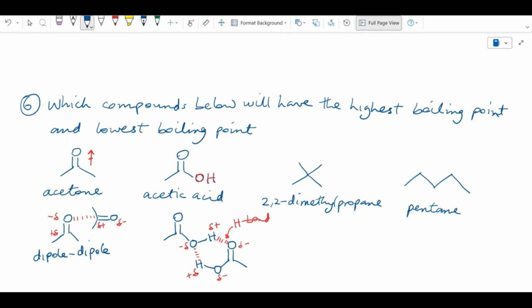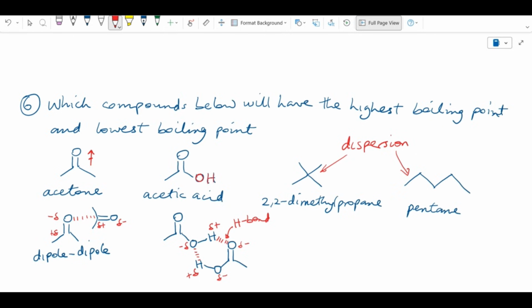They both can do dispersion interactions, also known as London forces or van der Waals forces.